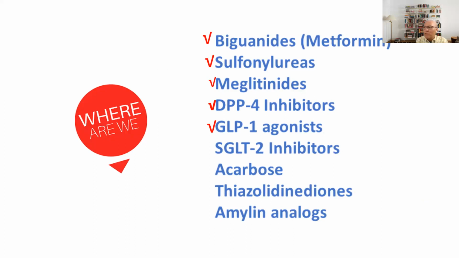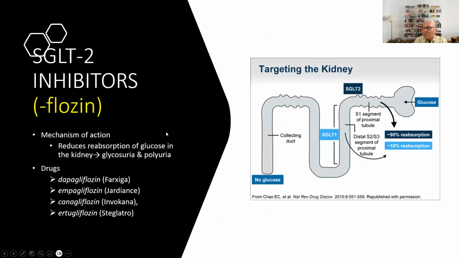All right, so we have talked about biguanides, sulfonylureas, meglitinides, DPP4 inhibitors, your GLP1 agonists, and now we're going to go to another one, which is the SGLT2 inhibitors. And this is going to act differently compared to the rest.